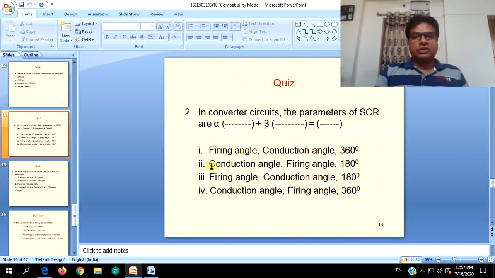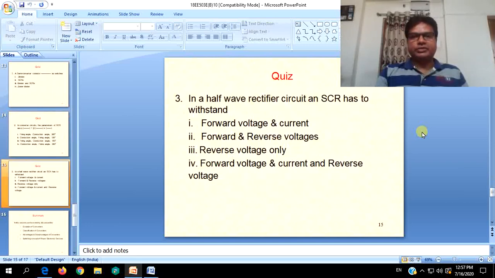So the answer is: firing angle alpha plus conduction angle beta is equal to 180 degrees. Conduction angle is 180 minus alpha. You have to understand that beta, the conduction angle, will be 180 minus alpha. If alpha is more, beta will be less, and less conduction takes place.